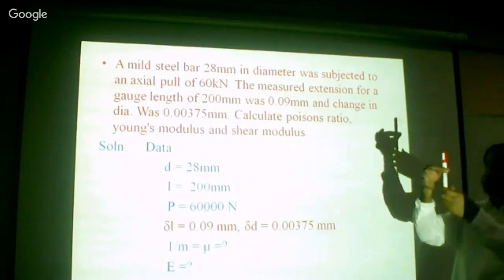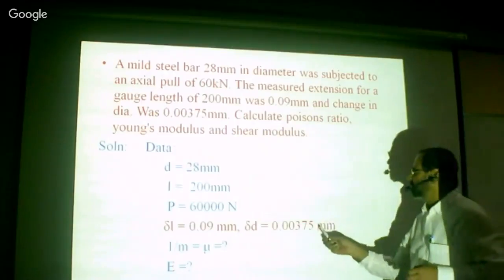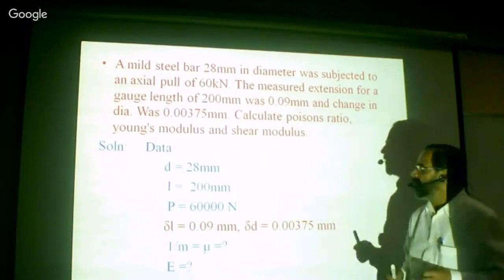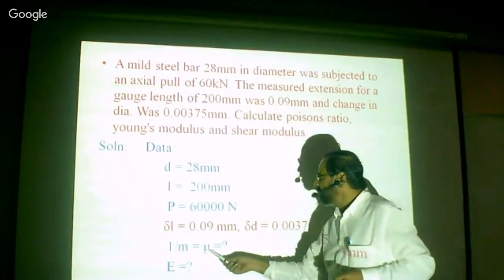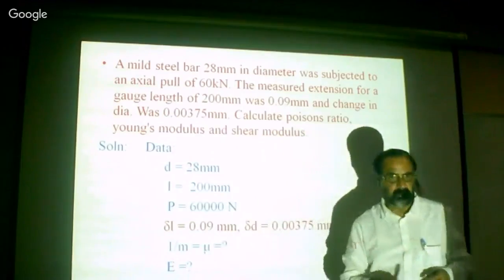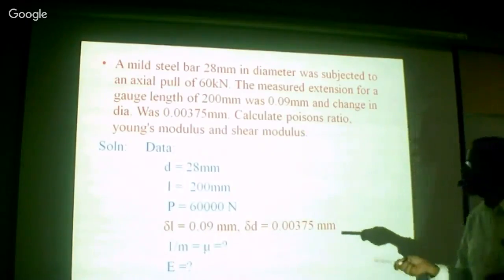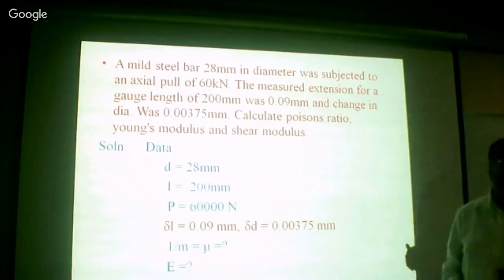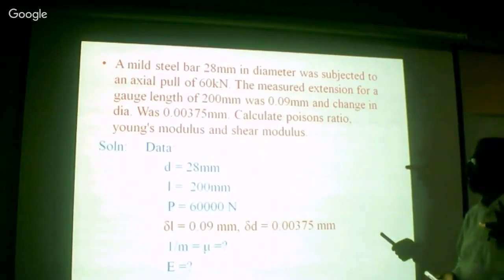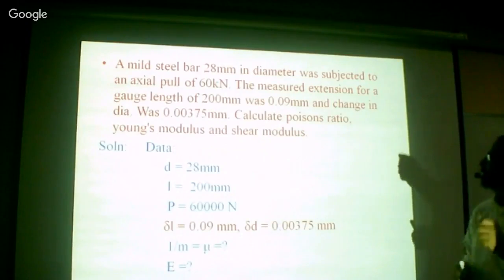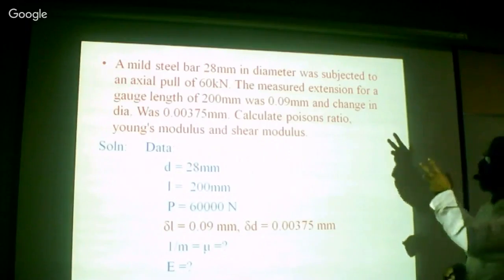They have asked to calculate the Poisson's ratio, Young's modulus, and the shear modulus. These are the three pieces of information we need to calculate from this problem.